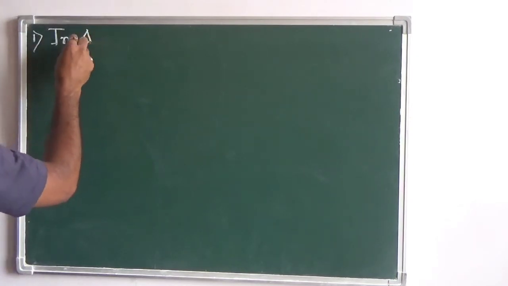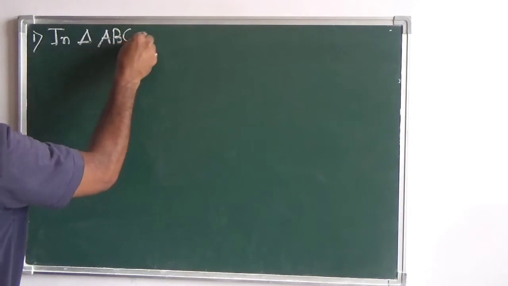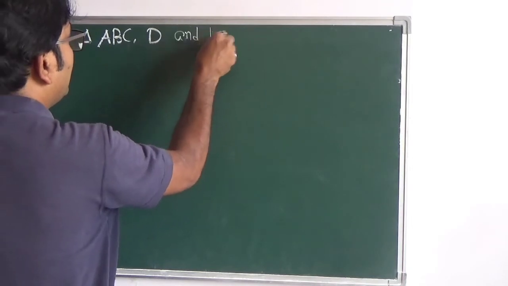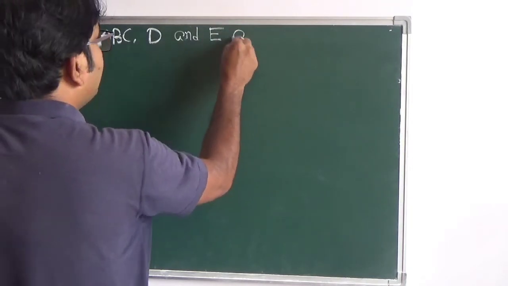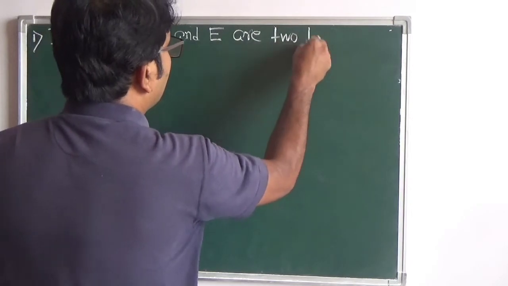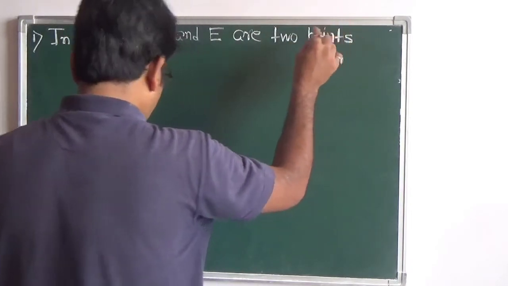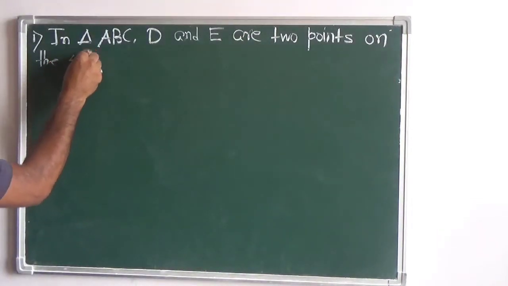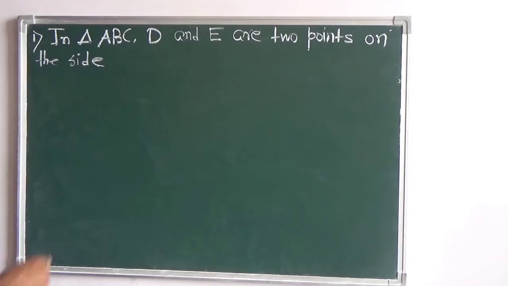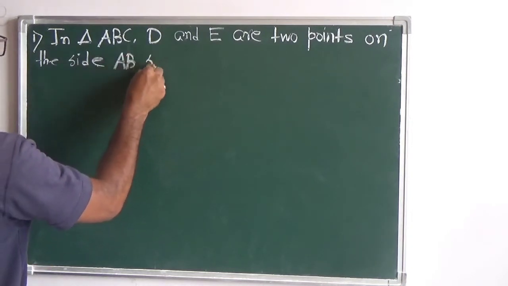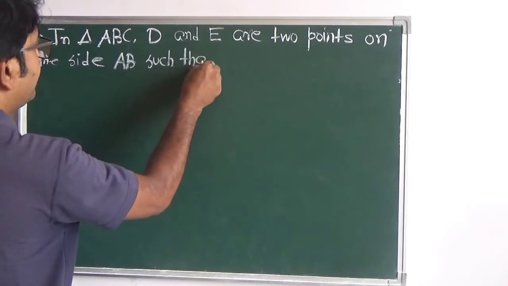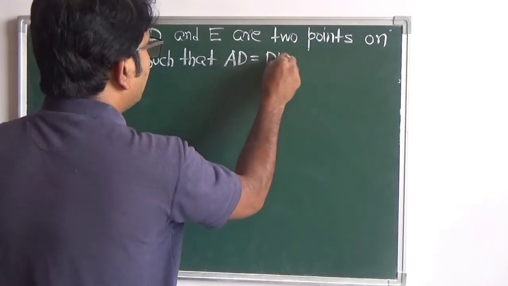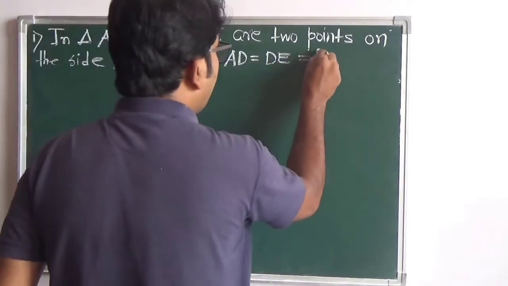In triangle ABC, D and E are two points on the side AB such that AD equals DE equals EB.